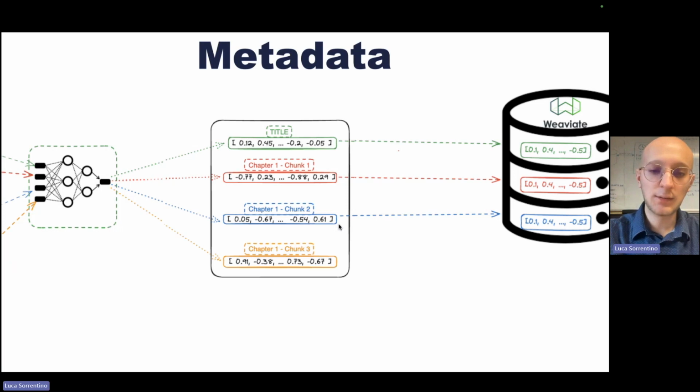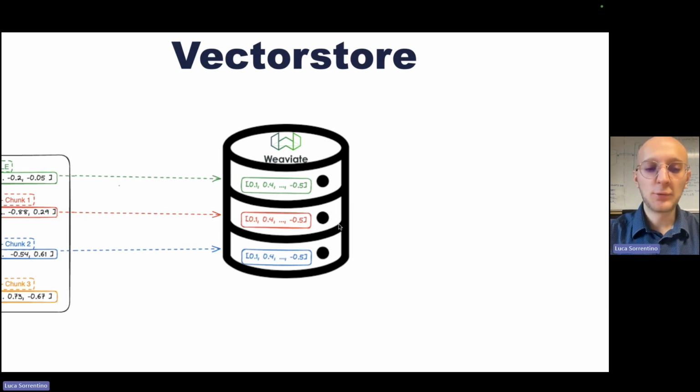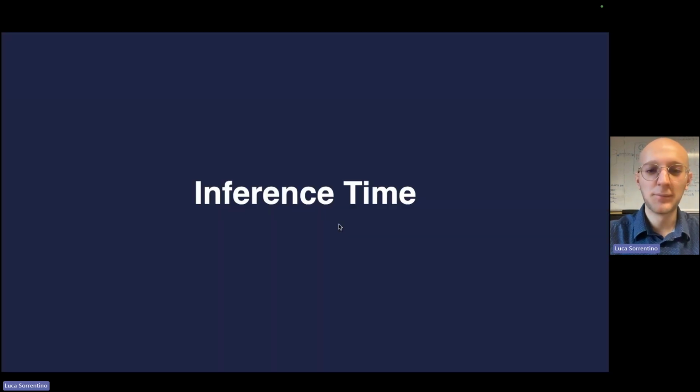So the text that produces the vector, links to previous and next entities, or also links to documents or chapters. The last step is to put all these entities inside a special kind of database named vector store, and we will see more details about it very soon.